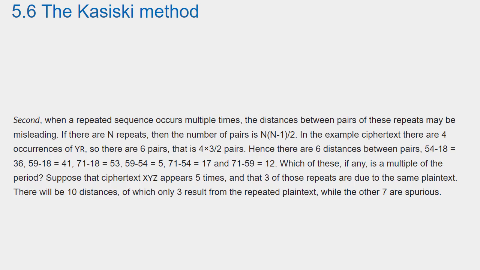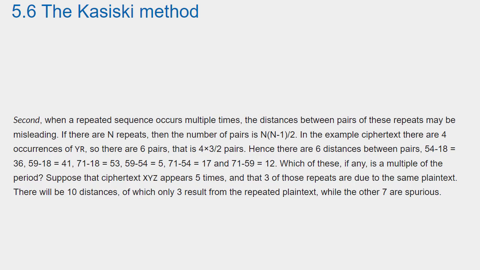54 minus 18 equals 36, 59 minus 18 equals 41, 71 minus 18 equals 53, 59 minus 54 equals 5, 71 minus 54 equals 17, and 71 minus 59 equals 12. Which of these, if any, is a multiple of the period?